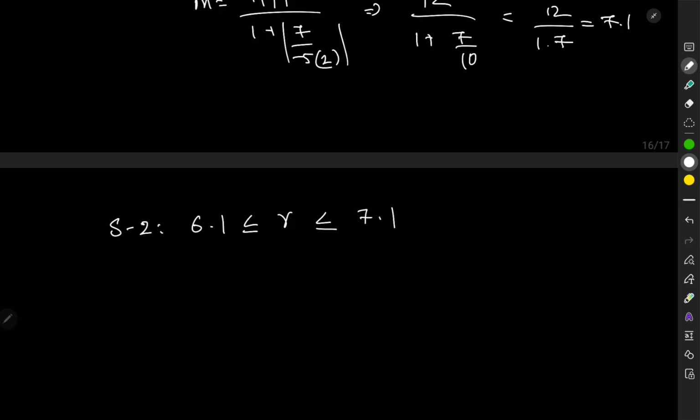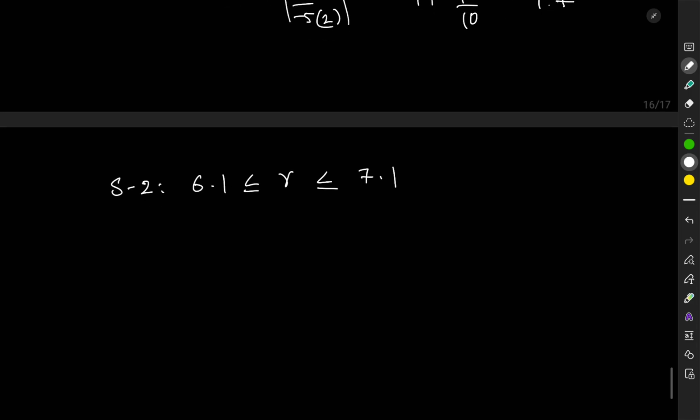So the only integer in between is what? 7, right? Okay, I hope you got it. r will be equal to 7 and the T8, the 8th term, will be the numerically greatest term. Fine.